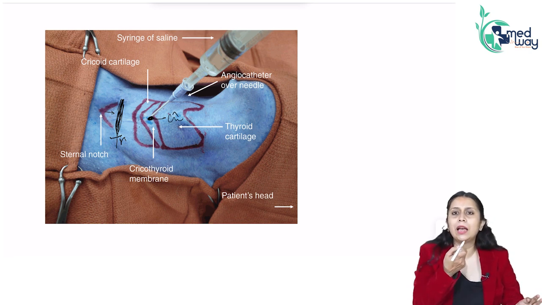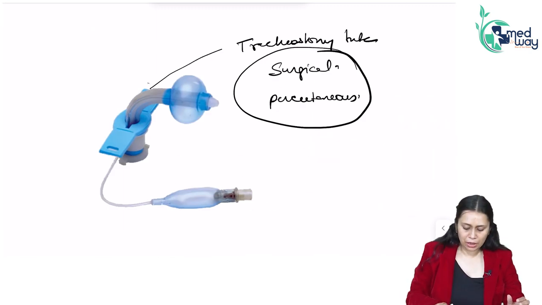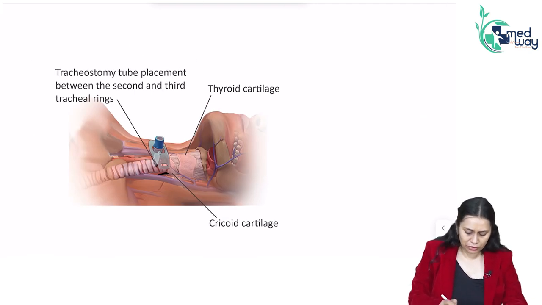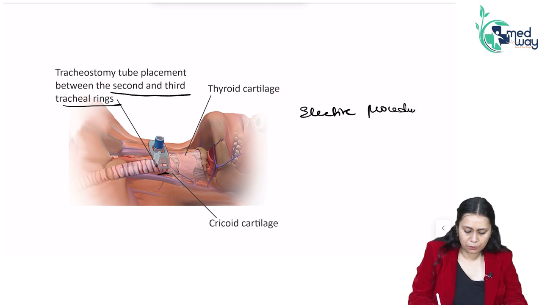So if in exam an image-based question is asked and the needle is inserted high in the neck between thyroid and cricoid, it is cricothyroidotomy. Low in the neck, it is tracheostomy, right? Tracheostomy is more of an elective, planned procedure.